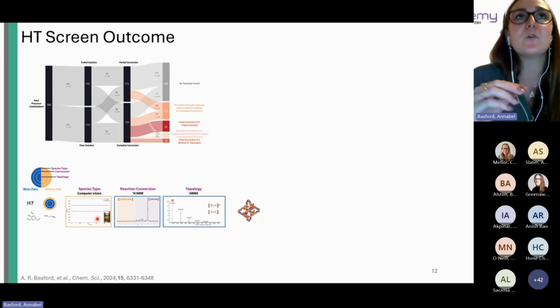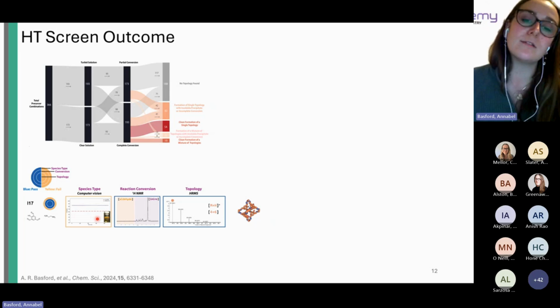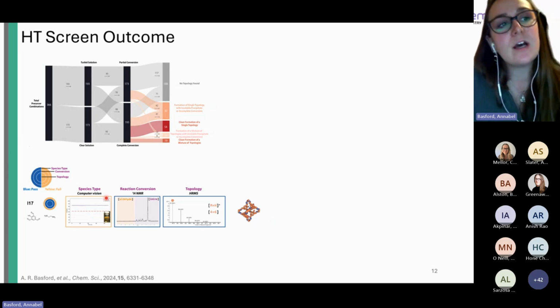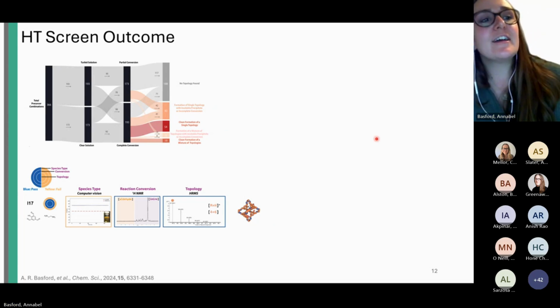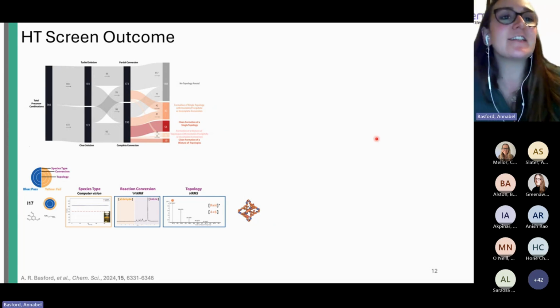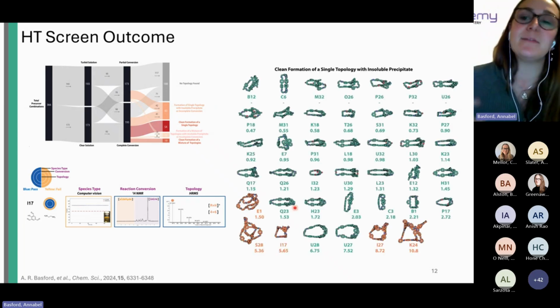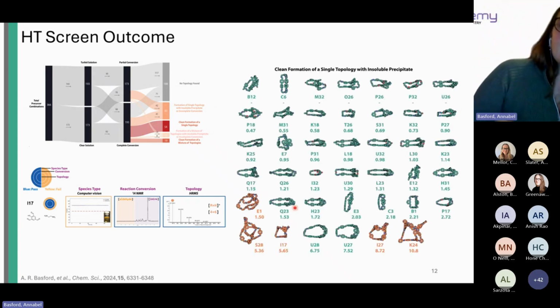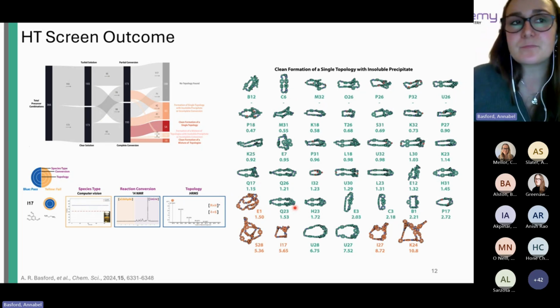So this means we might have formed both cage and polymer, but that's okay, because even if we do one simple purification step, then we can still access all these cages. So that's great. We can have a whole range of other cages that we might access that still might be desirable to a researcher that we haven't spent a long time trying to analyze all this data to get there.